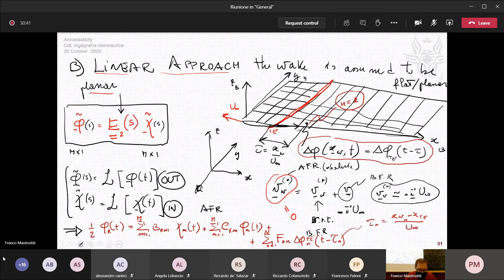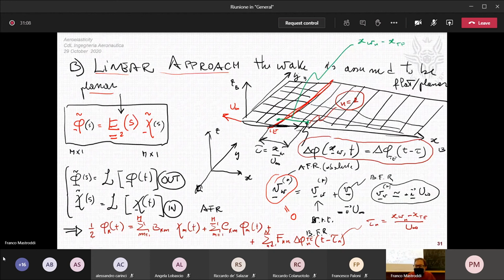From here to here, you have x wake n minus x trailing edge. You have this number, and you can write this number for each panel.